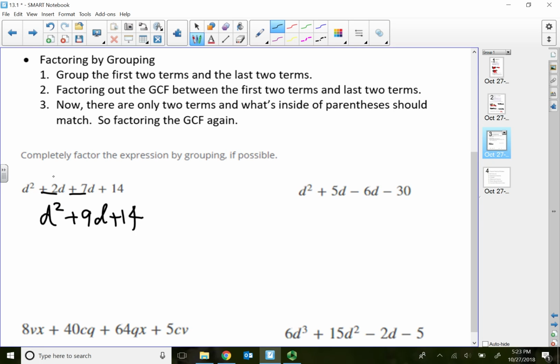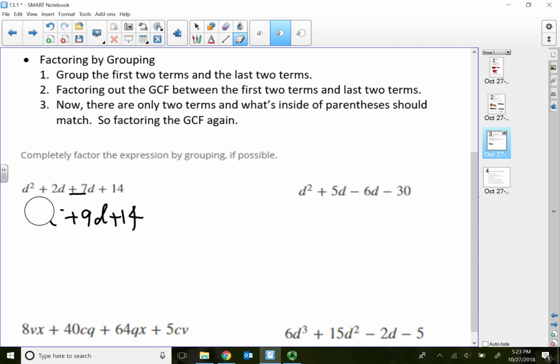So this particular example is not a factoring by grouping problem, because since these 2 terms can be combined, I only have 3 terms. If you look at the exponents, this is 2, 1, 0 power. So this is a true trinomial. So this is not considered a factoring by grouping problem.